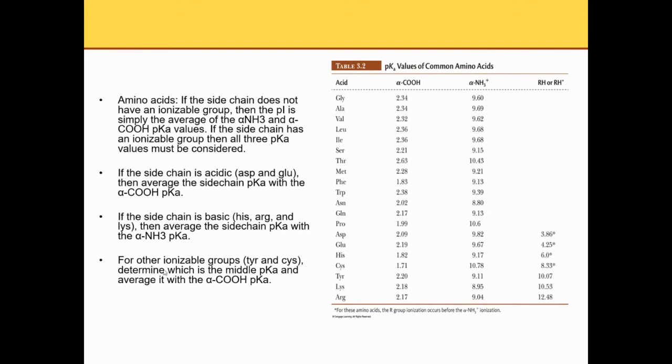And then for our ionizable groups, tyrosine and cysteine, for these two, you determine the middle pKa and average with the carboxyl pKa.